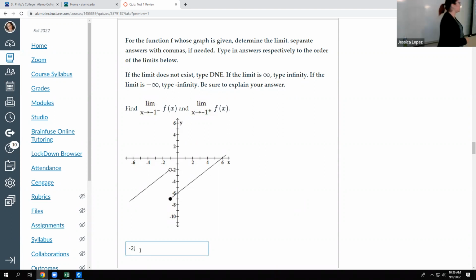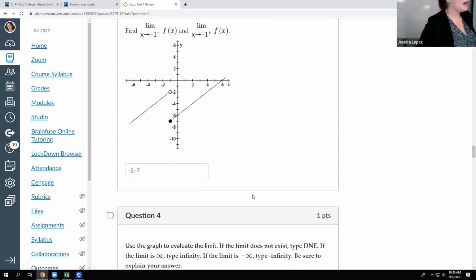Comma, and then what about as I approach -1 from the right? What is the y value? If you type them in backwards, the computer will tell you they're wrong. I would go back and tell you that they're correct, but I might deduct a point because you didn't follow directions, right? But 9 points is better than 1 point, right? Okay.